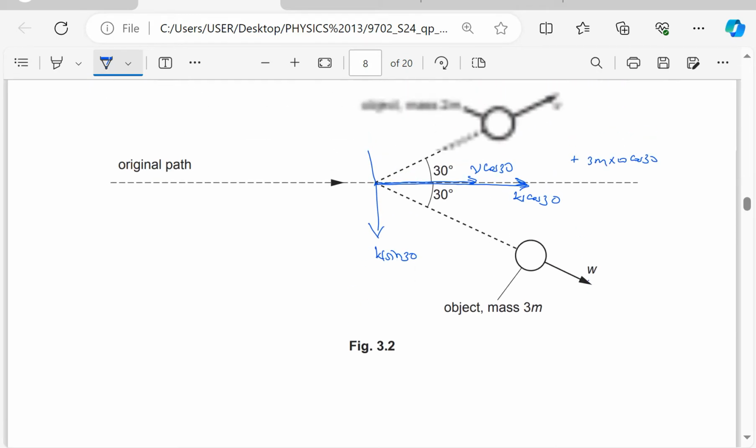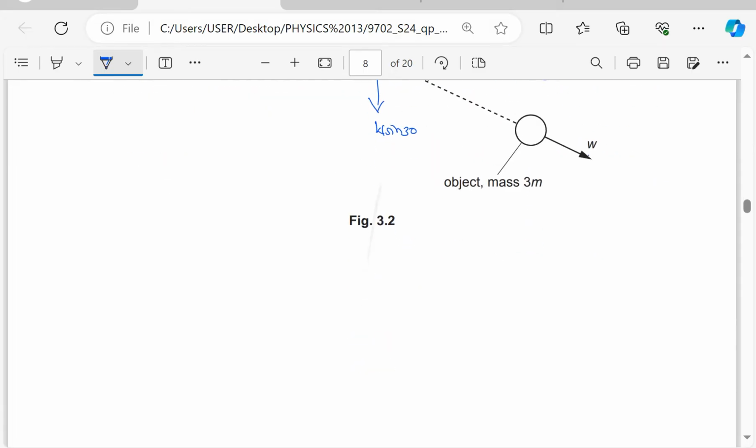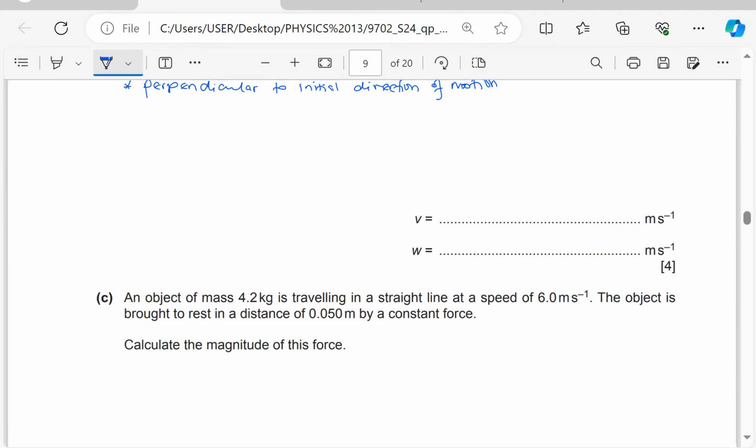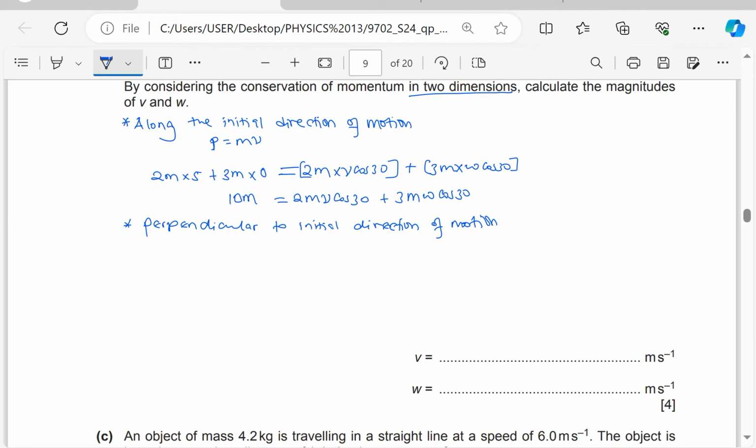But remember, initially the body was only moving in the horizontal. So initial momentum in the vertical was 0 for both. So it was 0. This should be equal to the momentum for 2m, which is upwards. So I will say upwards is positive. So 2m times v sine 30 plus the other one is downwards. If upwards is positive, then downwards should be negative.